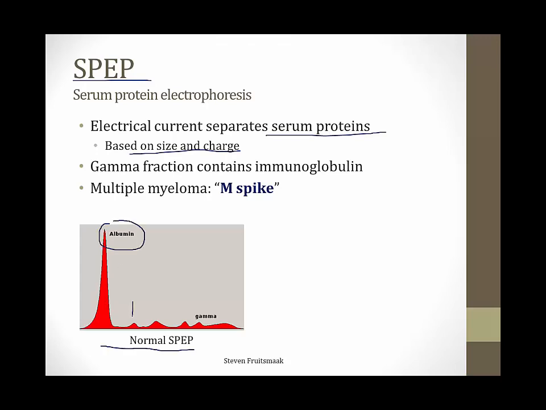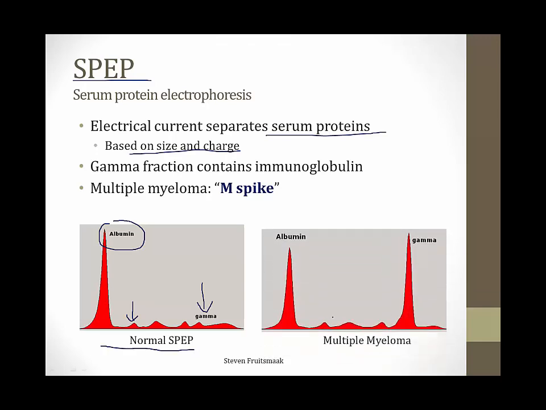There are several smaller spikes representing other proteins in the blood. And the last spike that usually appears on the diagram is called the gamma spike, and that represents immunoglobulin production. And this is a normal example shown on the bottom left side of the screen. In the setting of multiple myeloma, the gamma fraction gets very large, and you see what's known as an M spike representing a monoclonal production of immunoglobulins, and that's what's seen in cases of multiple myeloma.